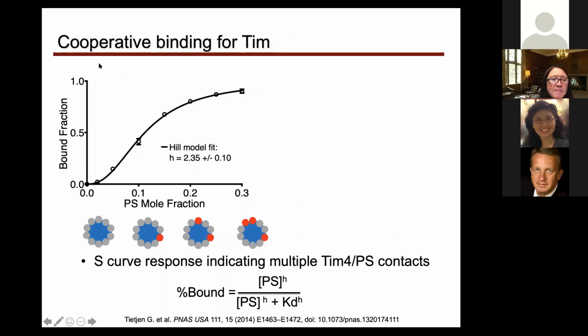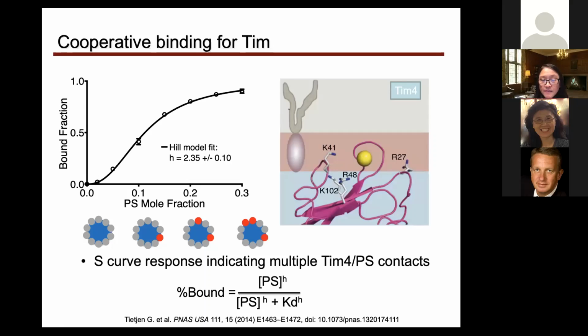We end up seeing a sigmoidal curve, and you can fit it to the Hill model, which gives a Hill coefficient of 2.3, indicative of multiple PS interacting with the TIM, as shown in the formula.